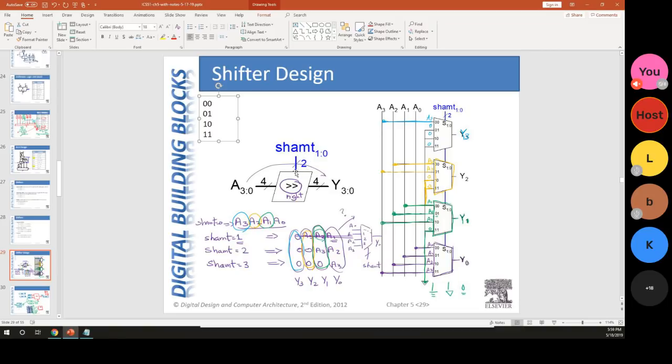It can go up to 3 because of these different options: 0, 1, 2, or 3. And so you can shift your A by that many bits.